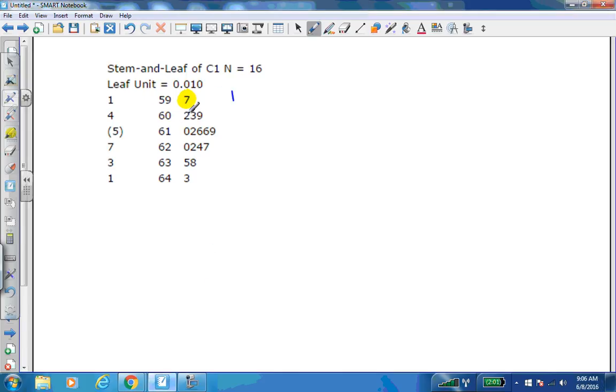In this row we have 1, 2, 3 data values. Here we have 1, 2, 3, 4, 5 data values. 1, 2, 3, 4 data values. 1, 2, and then 1. So notice that these numbers correspond, but then these numbers don't. This is actually the total of those 2.